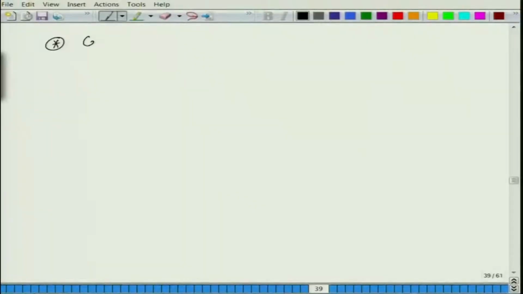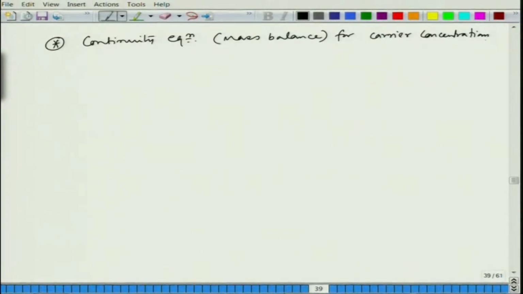So, if we try to write the continuity equation or the mass balance equation, you can also say the number balance equation for carrier concentration, then what can we write?